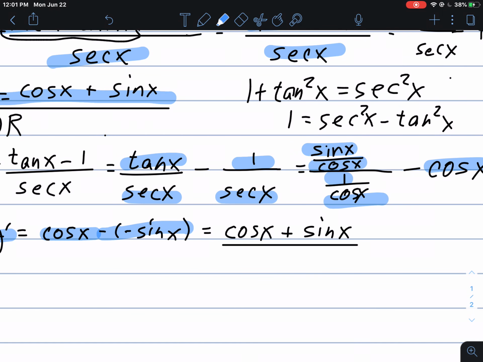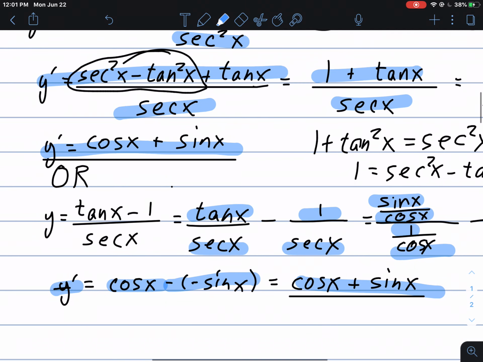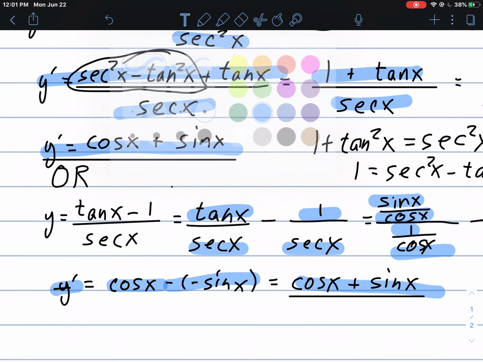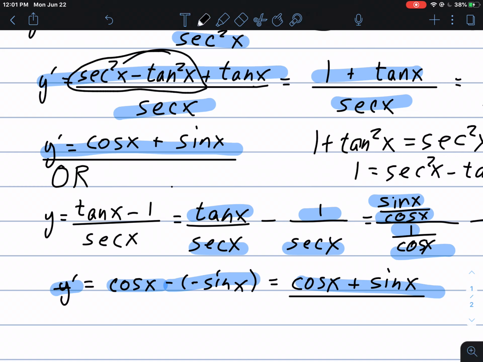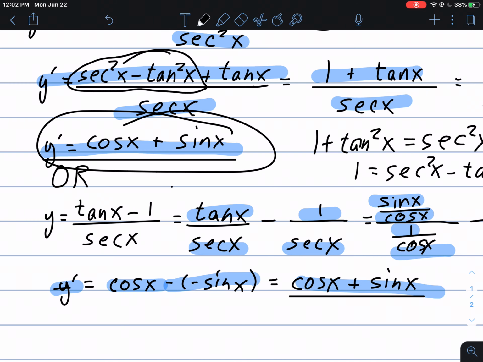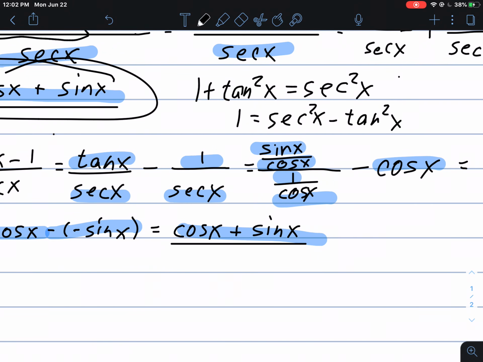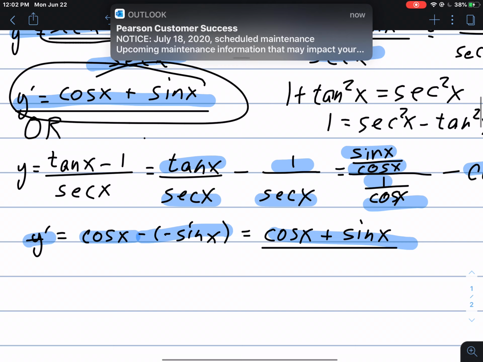Excuse me. And then I just rewrote that as cosine plus sine. And notice that's the same thing that we got up here when we did it the first time, when we went through that whole quotient rule up there. We got cosine plus sine. I got cosine plus sine here. But it was a lot easier because I did all the rewriting first.